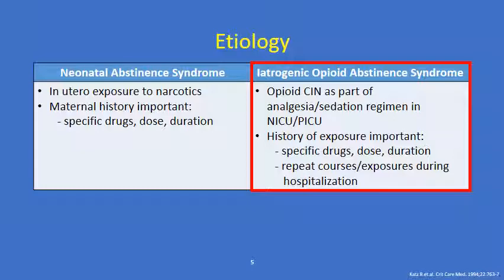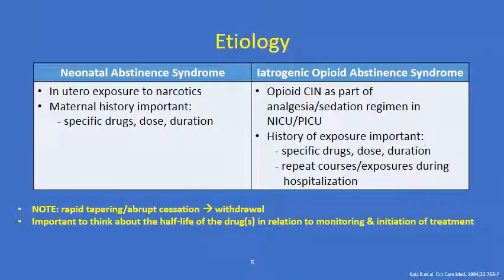So looking at the specific drugs, cumulative dose, and duration of exposure as well. And then oftentimes if a patient is in the NICU or PICU for a really long time, they maybe have been on several courses of these narcotics as well. So that is important to take into account too.